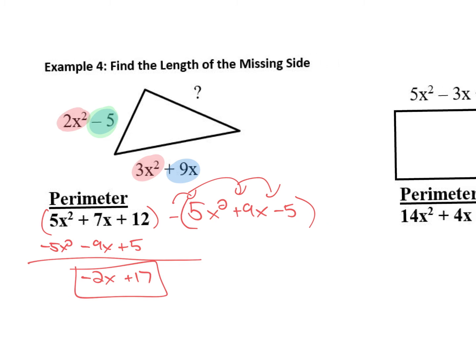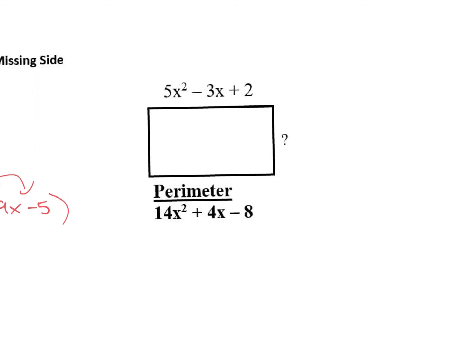Okay, so the same thing is going to work here. Now, the first thing we need to understand is that this is going to be the same. Now, we still got our perimeter, so we're still going to start by adding our like terms, because we know that this 10x squared minus 6x plus 4 would be what we know.